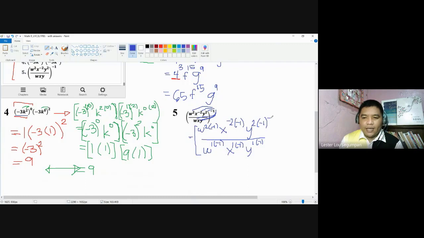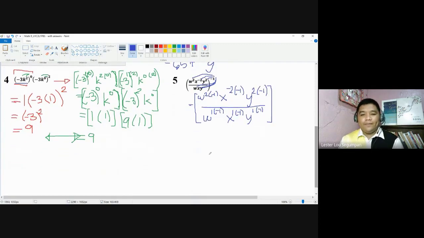And then you have y, originally 1 times negative 1. This is by the application of the power law, where we distributed the exponent of negative 1 to all terms inside the grouping symbol. Then simply get their values. You have here w to the power of negative 2.